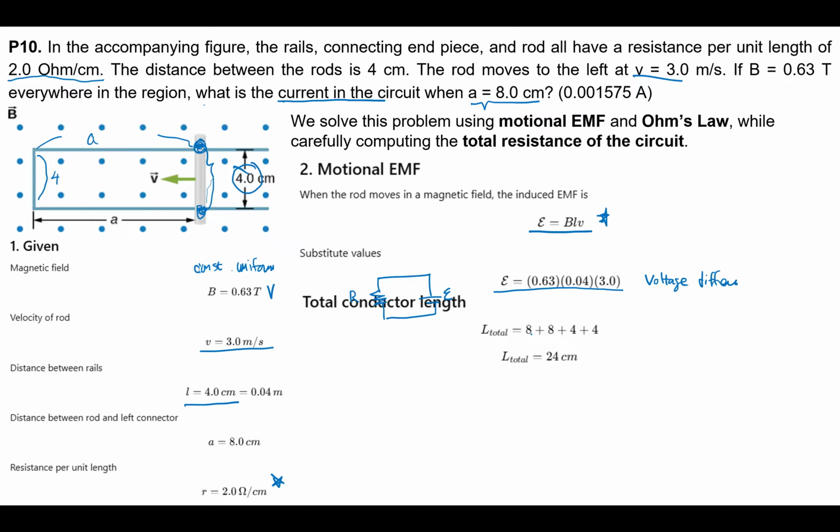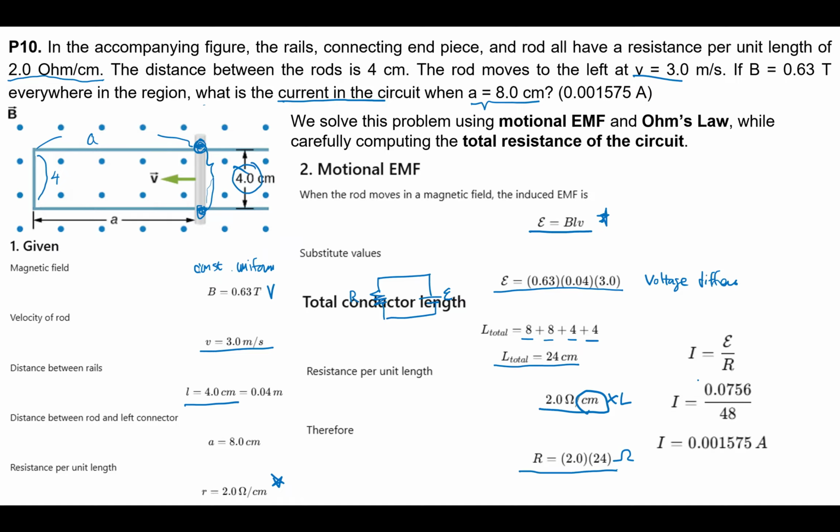So we have a plus 4 plus 4. The rod also has a resistance, and these wires have a resistance as well. So the total length is 24 centimeters. And then the resistance is given by the resistance per unit length times the length, and then you will get the ohms. And then we have everything. We know what the potential difference is, and we know what the resistance is.